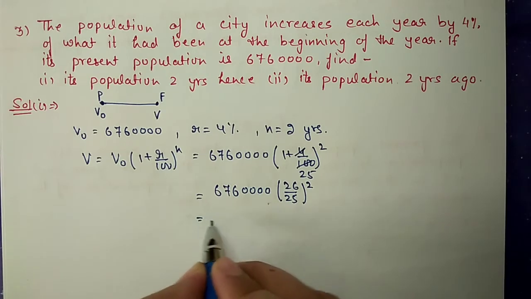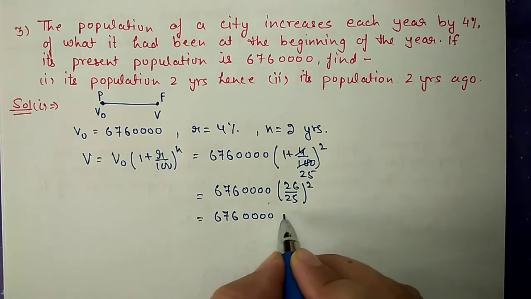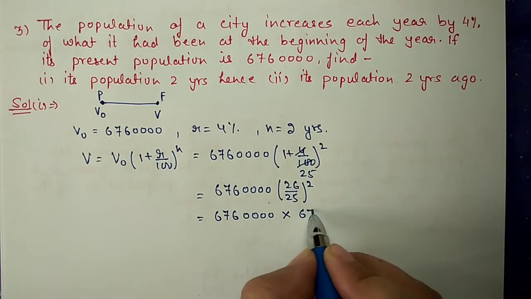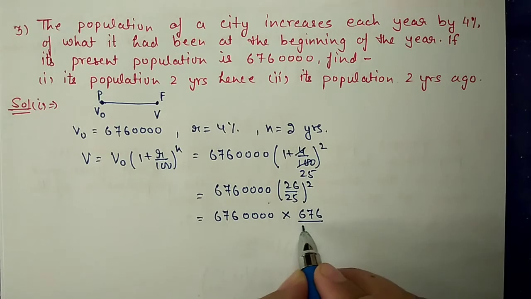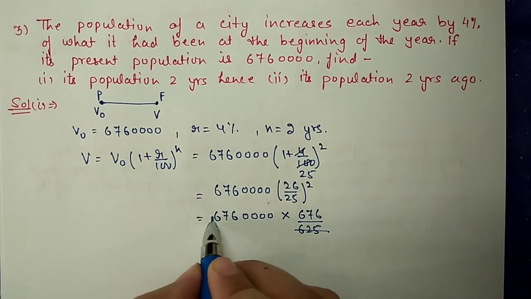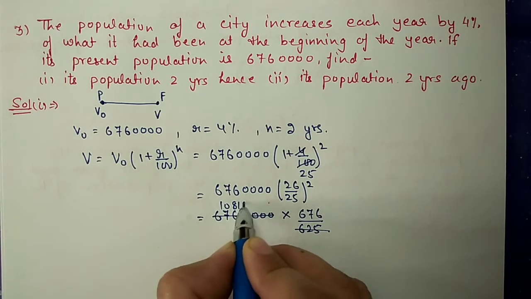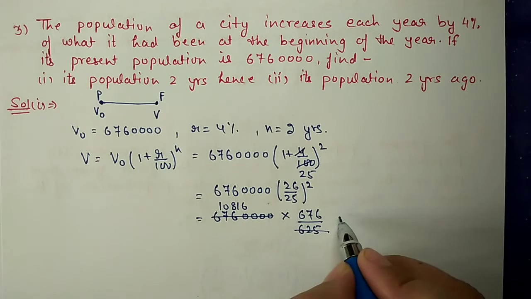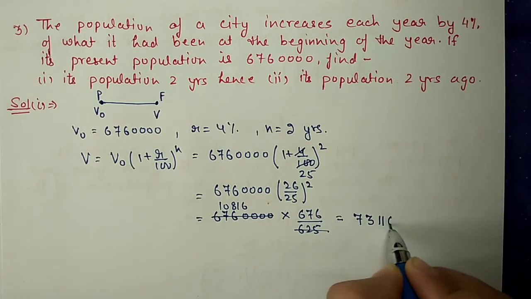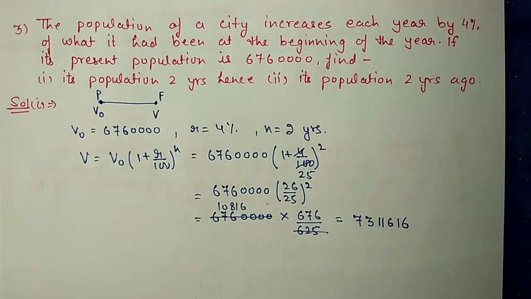You can multiply or expand, calculation you can do according to your wish. So 26 squared is 676 and 25 squared is 625. You can cancel, and after cancellation you will get 10816, and after multiplying these two numbers you will get 731,161.6. So this will be the population after 2 years.